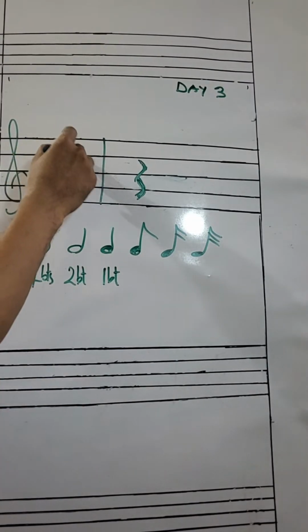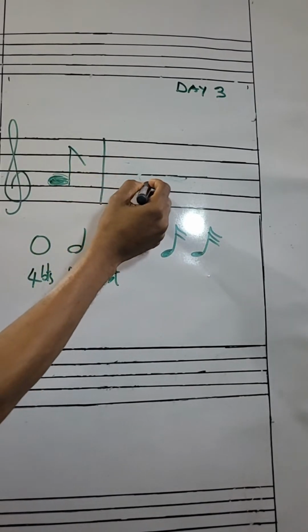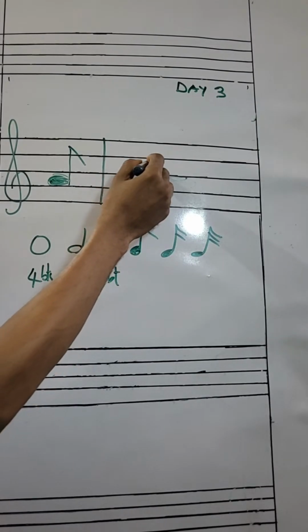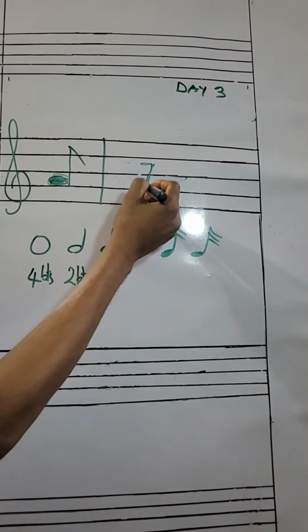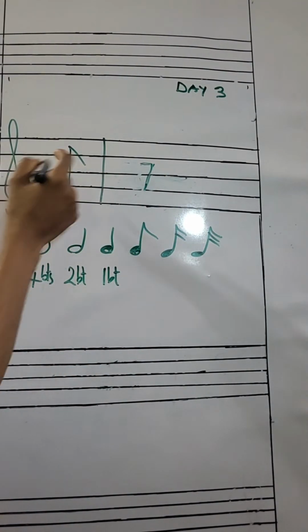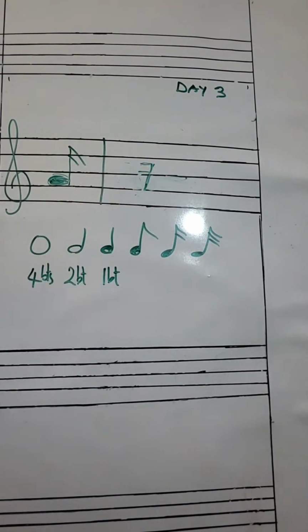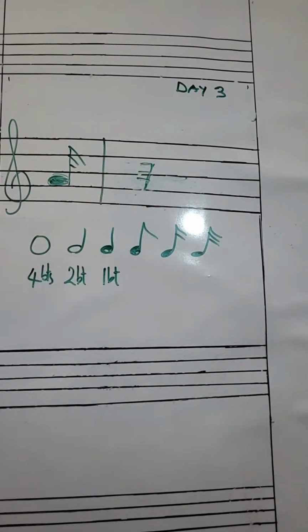And the rest sign for your eighth note is this. I'm really rushing you because I know you already have this. And the rest sign for your 16th note has 2 flags, and that of your 32nd note is going with 3 flags. So that is what we did yesterday.